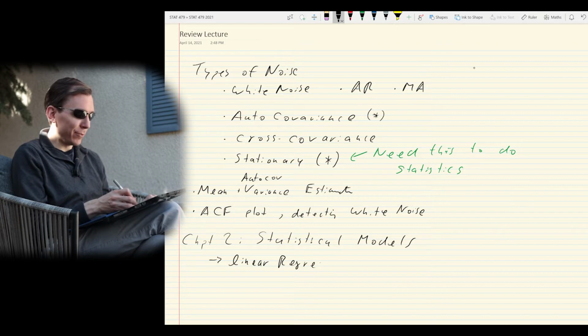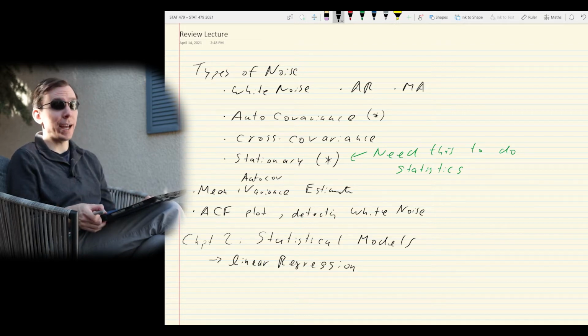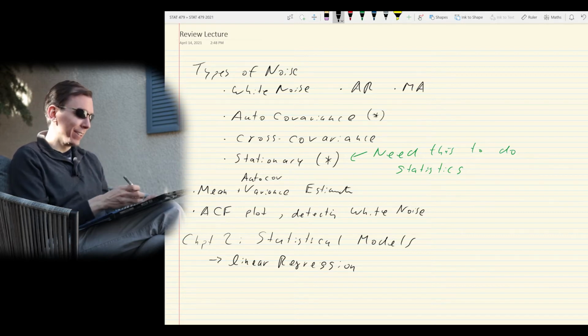And as I mentioned before, it's fine to try to fit a linear regression to look at a linear trend in your time series data, but you do have to be aware that the least squares estimator is not meant to work with correlated observations, right?